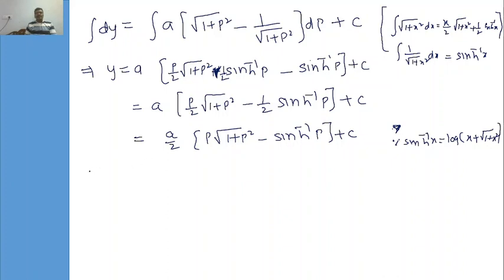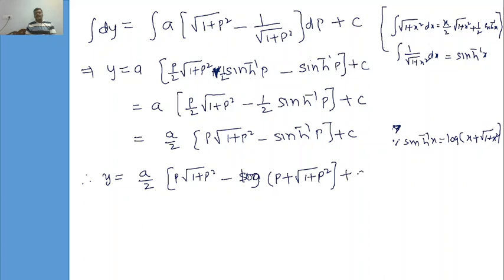By using this formula, y equal to a by 2 of p of 1 plus p square minus sinh inverse of p, which is nothing but log of p plus square root of 1 plus p square, plus c.